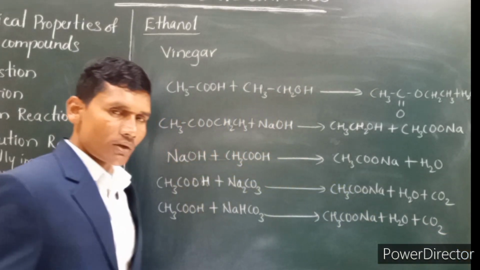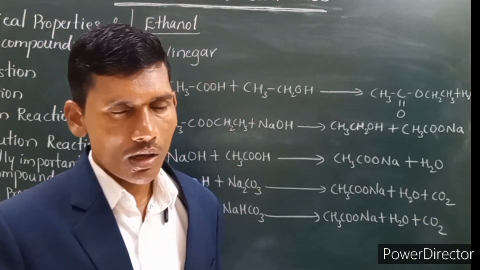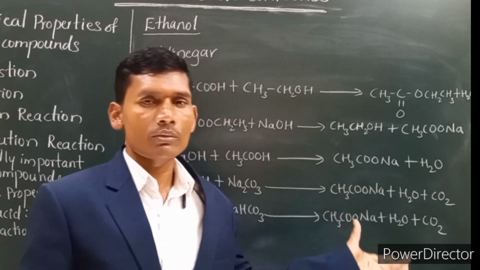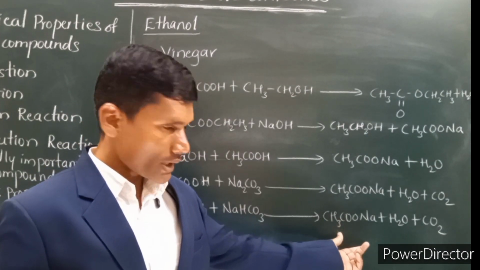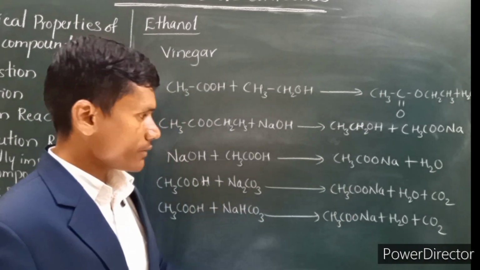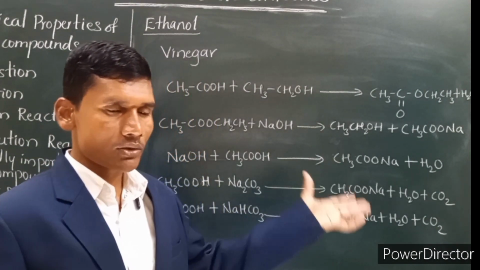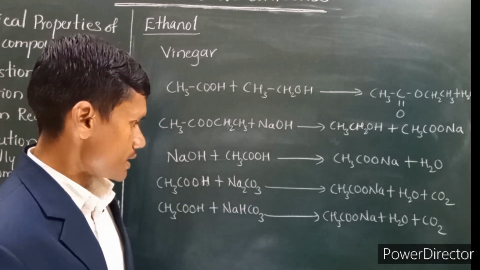Here you don't need to get confused at all. Whether it is asked with sodium carbonate or sodium bicarbonate, the products obtained will be the same: sodium acetate, water and carbon dioxide.